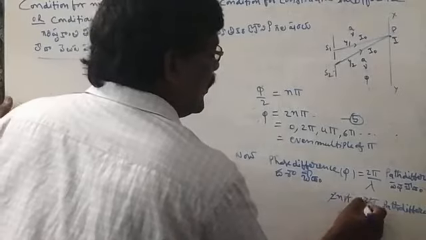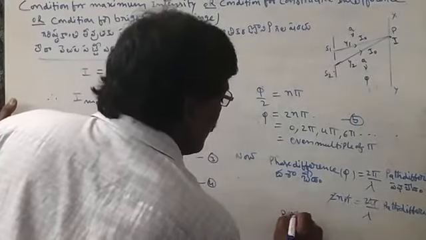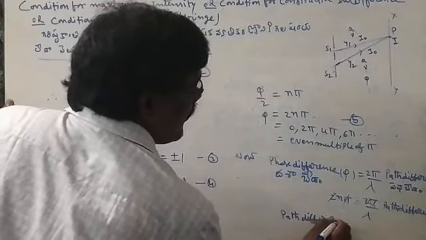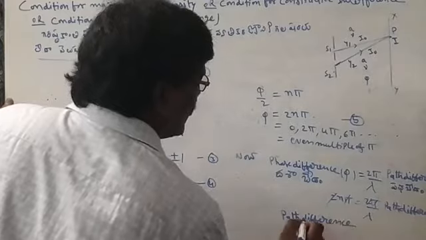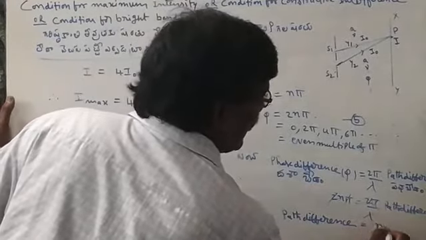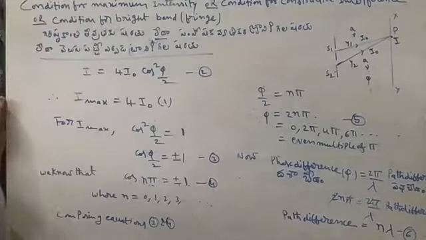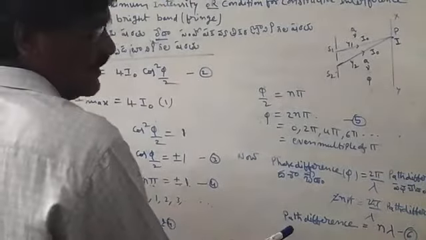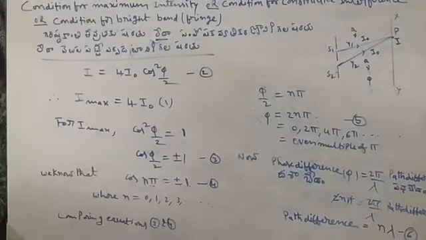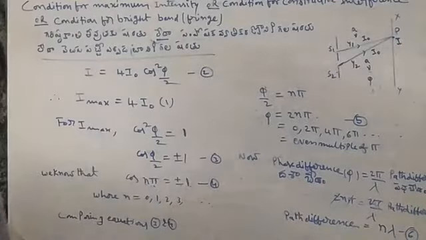The 2 pi cancel. Therefore, cross multiplying, path difference is equal to n lambda. This is equation number 6. This is also a condition for maximum intensity, or condition for constructive interference.